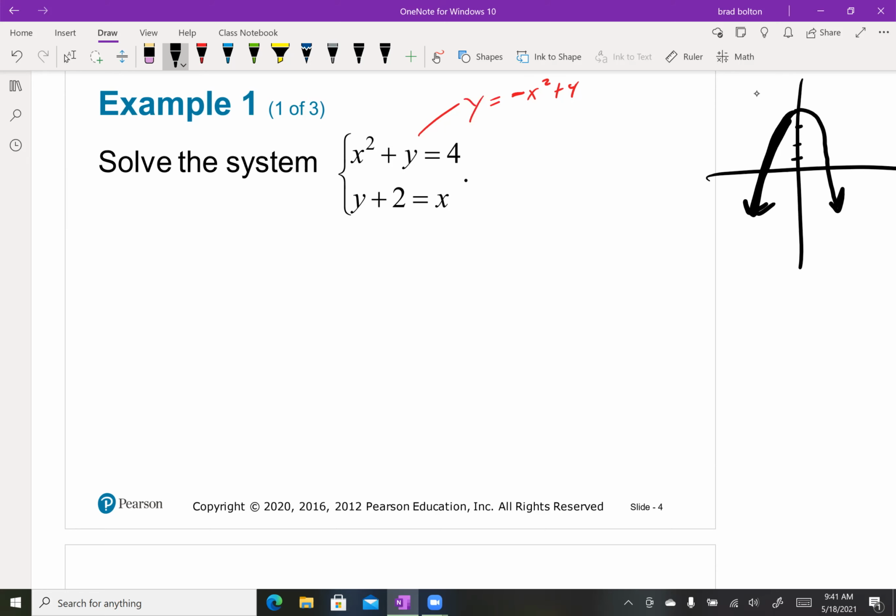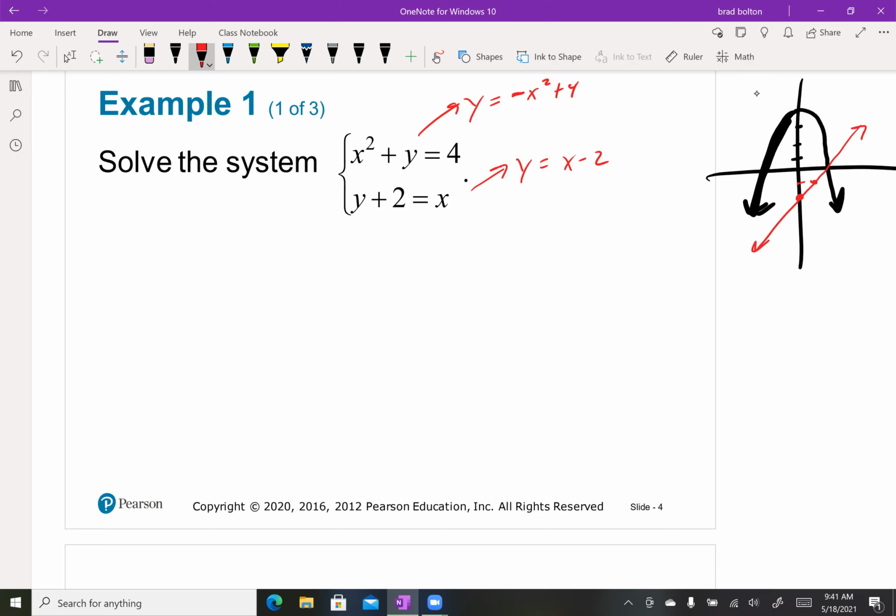Now we know that the line y plus 2 equals x is actually y equals x minus 2, because I could just subtract the 2 over. So if I wanted to draw this line, I would go down negative 2, 1, 2, put a point, and then, rise over run, I would rise 1 and I would run 1, right? So then we have this line.